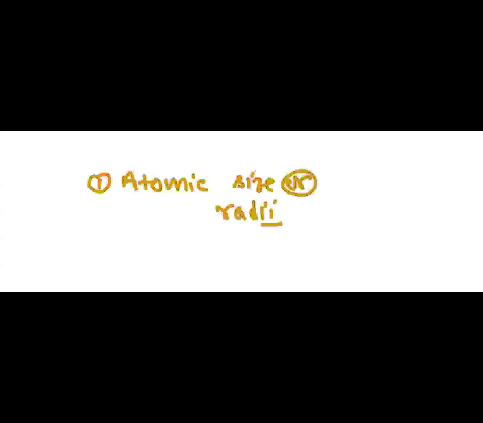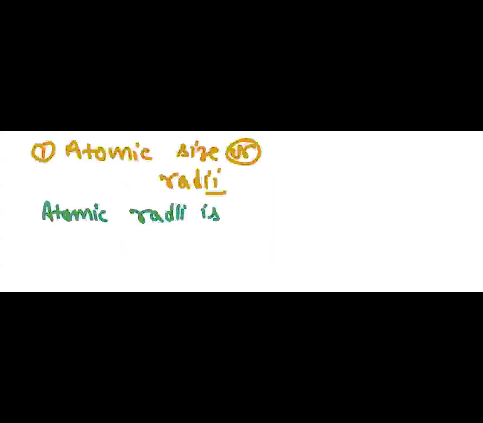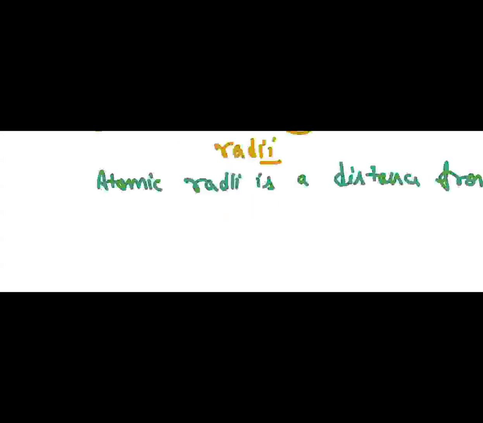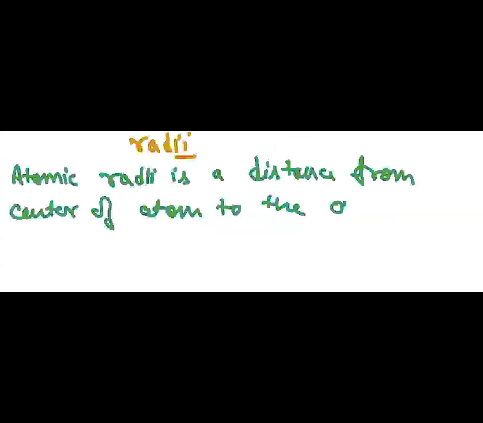Atomic radii is the distance from the center of the atom to the outermost electron density.